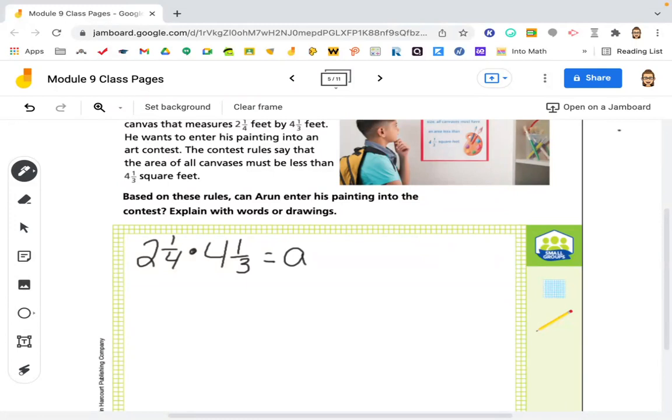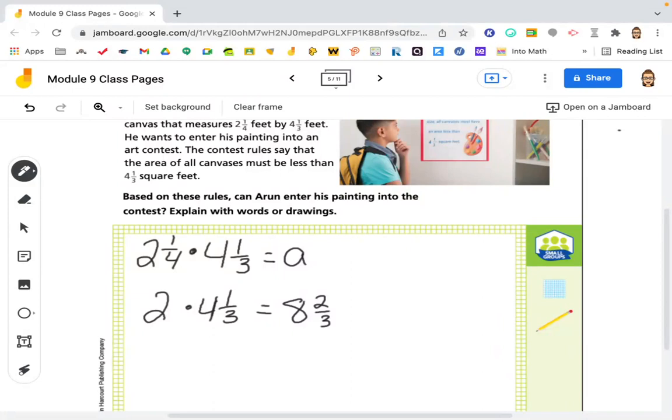If I just do a little bit of estimating here, and I do 2 times 4 1/3, I'm just going to double, so 4 plus 4 is 8, and 1/3 plus 1/3 is 2/3.